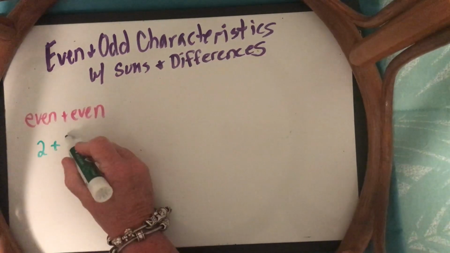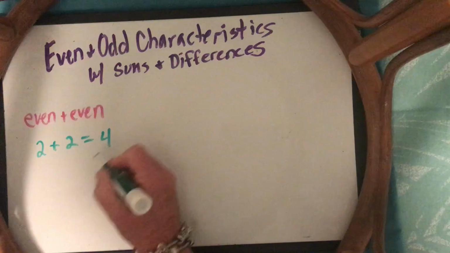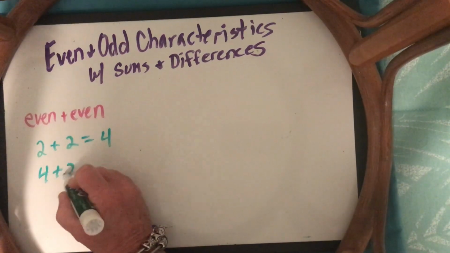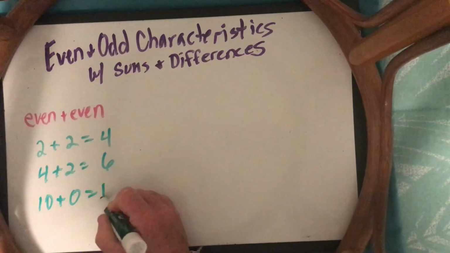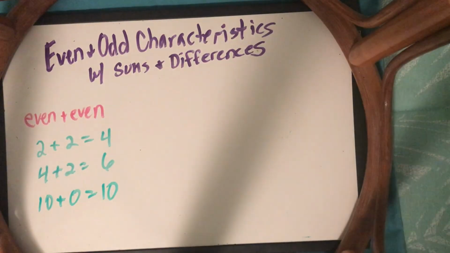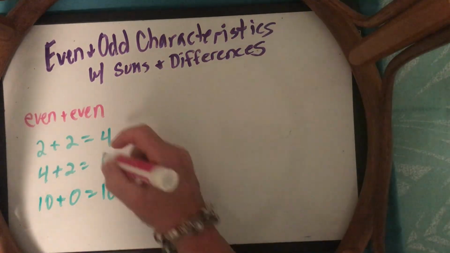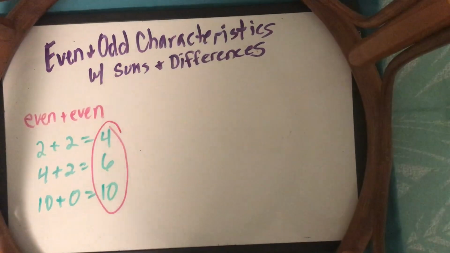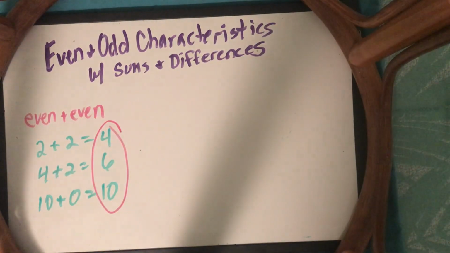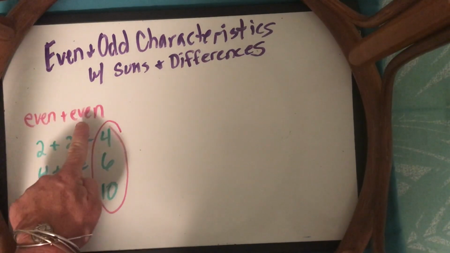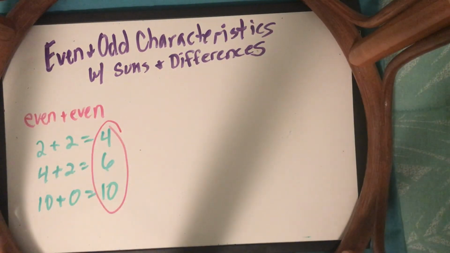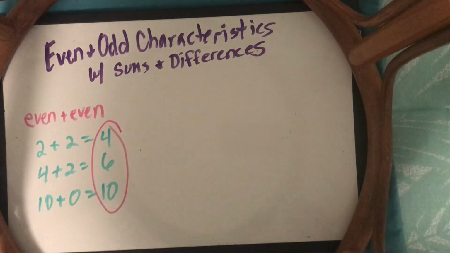For example, 2 plus 2 equals 4. 4 plus 2 equals 6. 10 plus 0 equals 10. So whenever you add an even and an even number together, you're always going to get an even number, which makes sense. They all have partners in this even number, and in this even number. So when you combine them, everyone is going to have a partner also.